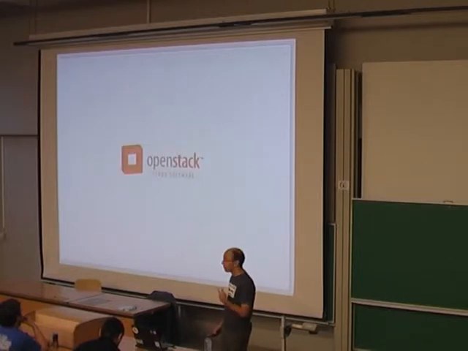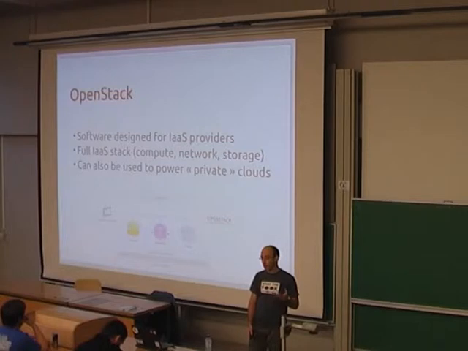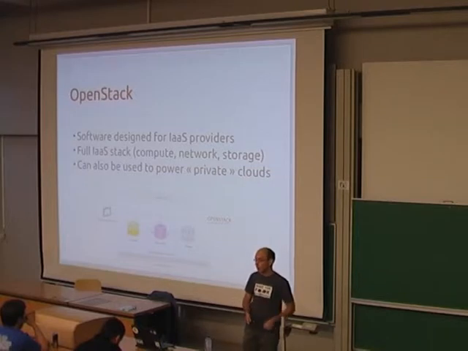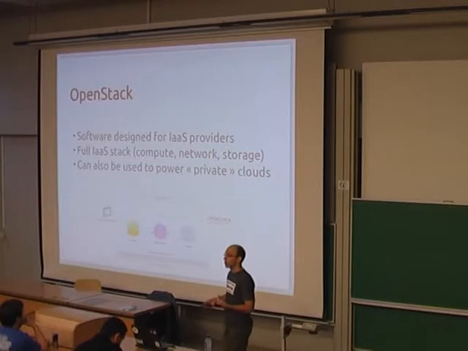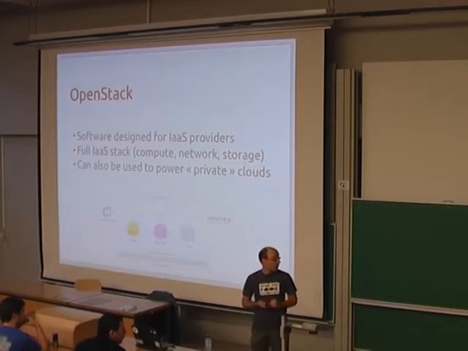A few words about OpenStack for those who don't know what it is at all. OpenStack is open source software that you can use to run your own cloud infrastructure as a service provider. If you want to build a company that competes with Amazon Web Services, that's probably software you could use. It provides a full infrastructure as a service stack, so it provides you with access to resources through an API.